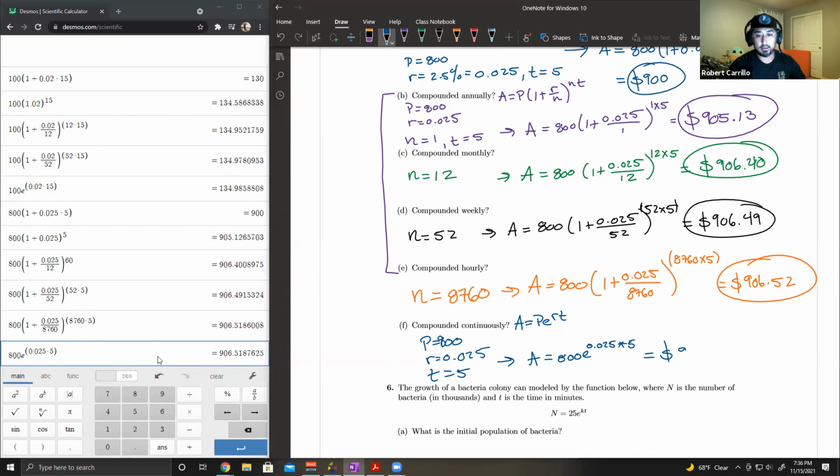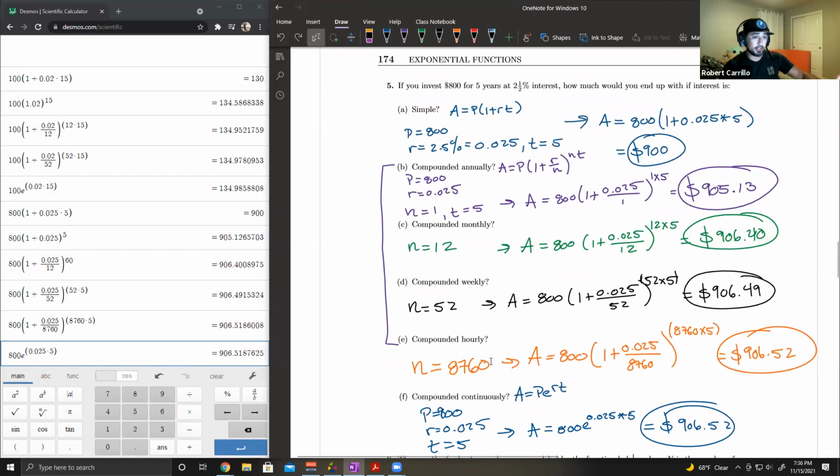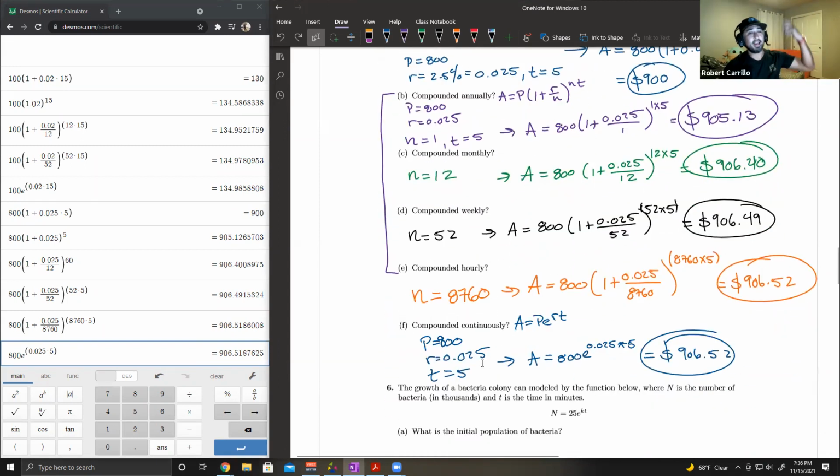And we get $906.52. Hey, same as hourly. There you go. That's how you use the simple interest, compound interest, and continuous interest. Everybody go with that.